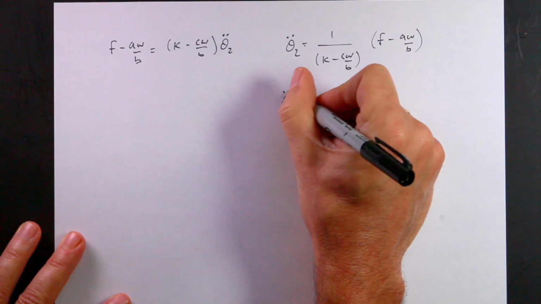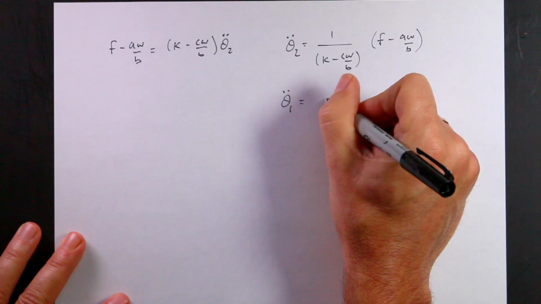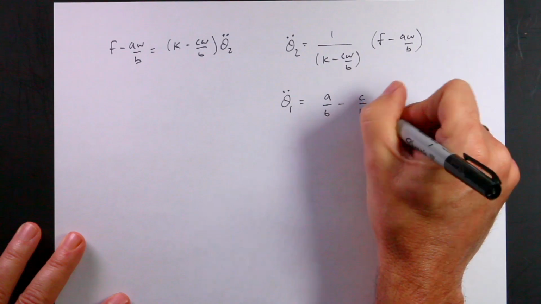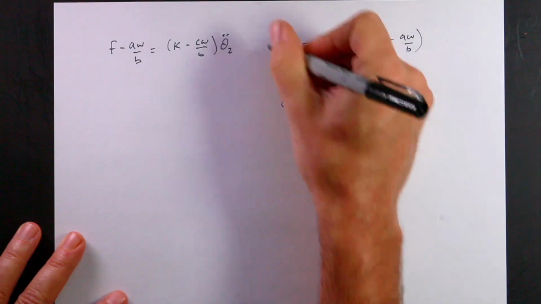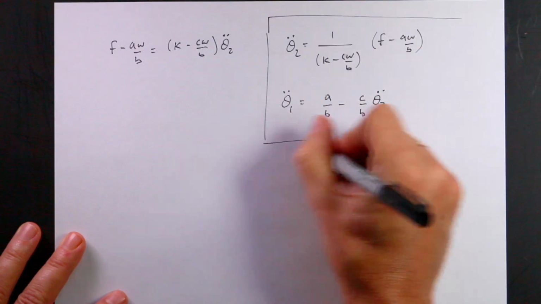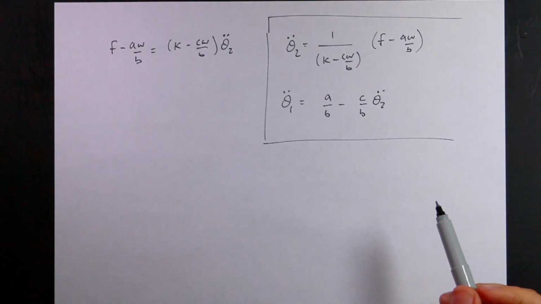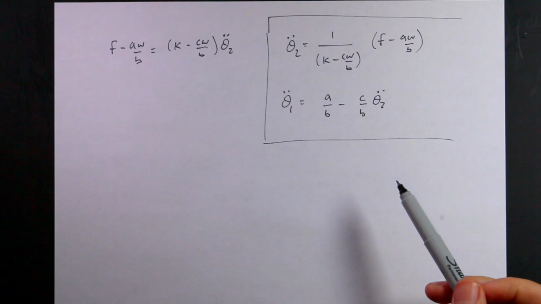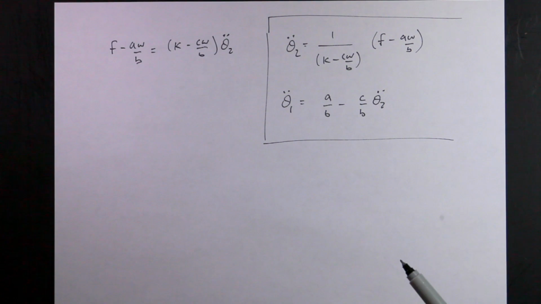Theta 1 double dot is going to be equal to A over B minus C over B theta 2 double dot. So I got it. I mean, it looks dumb, right? But if I make all those constants and I recalculate them all the time, I can get theta 1 double dot and theta 2 double dot. And why do I care?